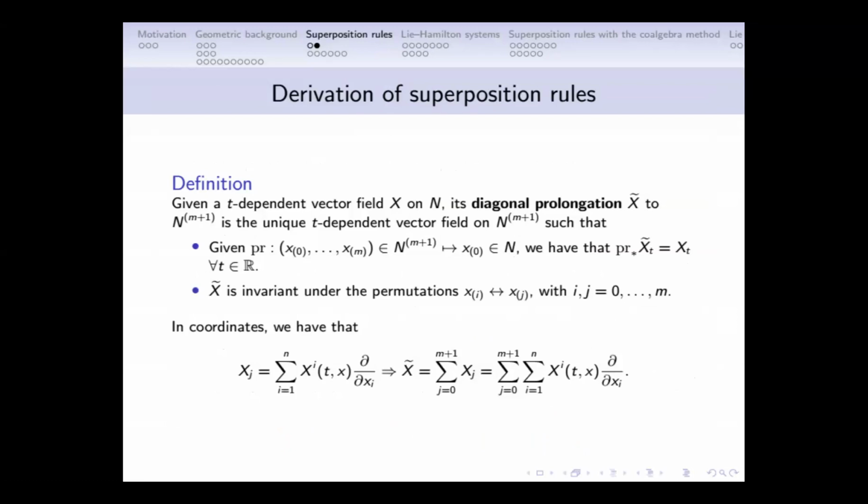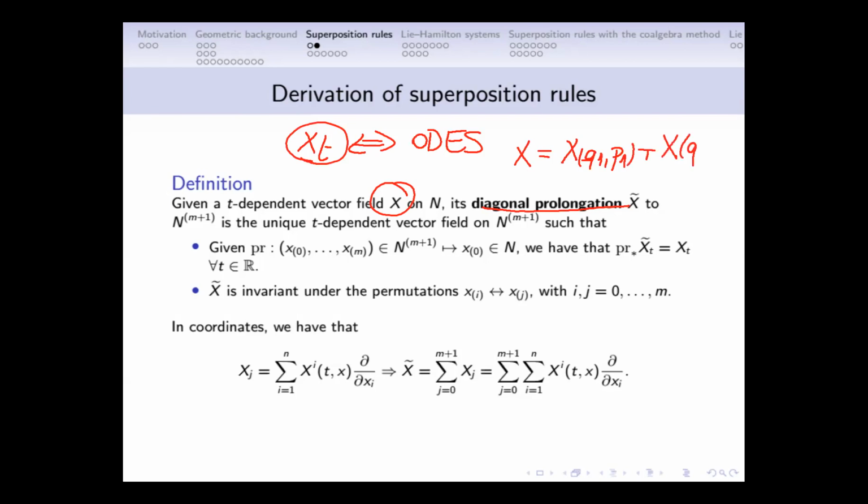So given the time-dependent vector field, it's related to the ODEs, we call the diagonal prolongation of this vector field to basically copy this vector field into different variables. So you get the vector field, and it's like summing the vector field in, if we have variables Q1 and P1, it's just like summing the same one in Q2, P2, plus several copies, as many as you need.